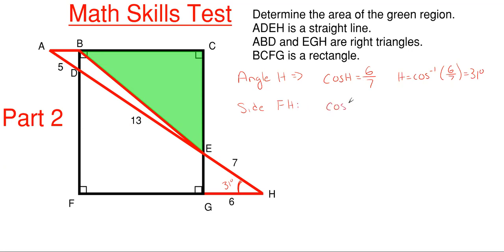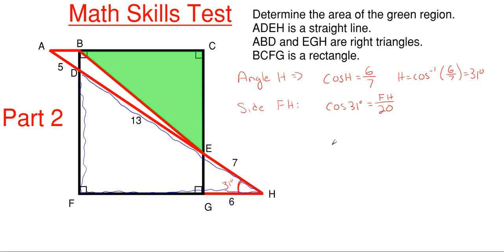The cosine of my angle H, which is 31 degrees, is equal to my adjacent side, which is FH, all over 20, which comes from the 13 plus 7, utilizing this larger right triangle, which I'm going to show in blue right here, with the squiggly lines so you can actually see it.